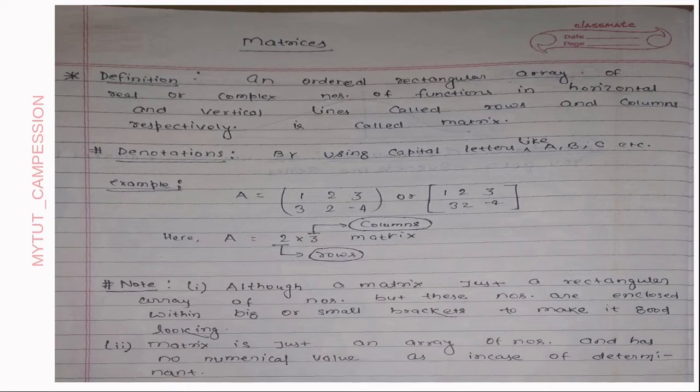An ordered rectangular array of real or complex numbers or functions in horizontal and vertical lines, called rows and columns respectively, is called a matrix.